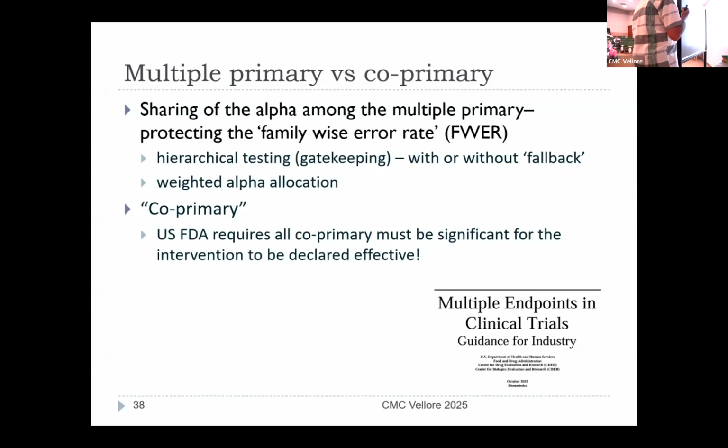But if I do the same thing and I call them co-primary, then even though this is significant, since this is not significant, they would say you cannot say that the intervention is effective. You need to have significance in both for you to say that the intervention is effective.